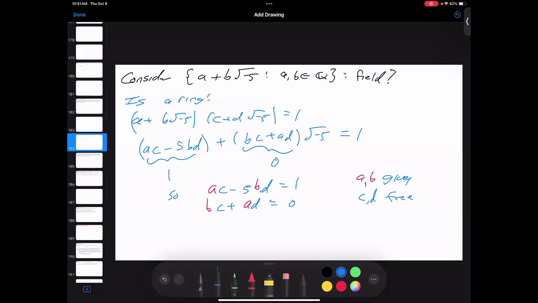Does this on the left remind anybody of anything? Does that look like anything you've seen in any class? Yes, say it out loud. Like a matrix, right?